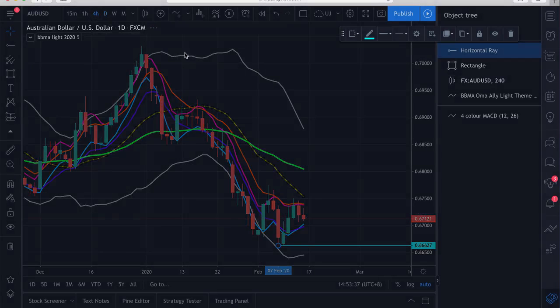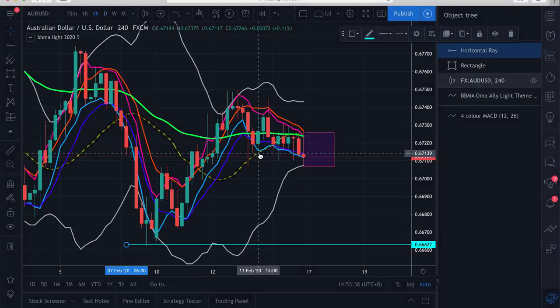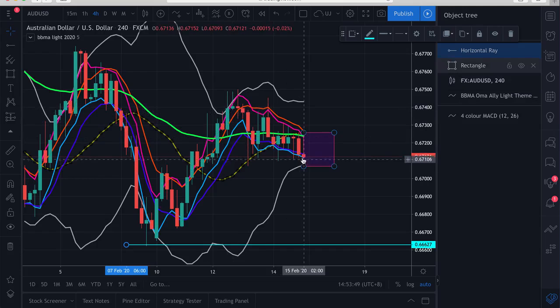On H4, we also can see that price actually has made a CSM buy here, depending on how you see it, and then it actually went back to retest the low BB, and it did not close below the low BB.